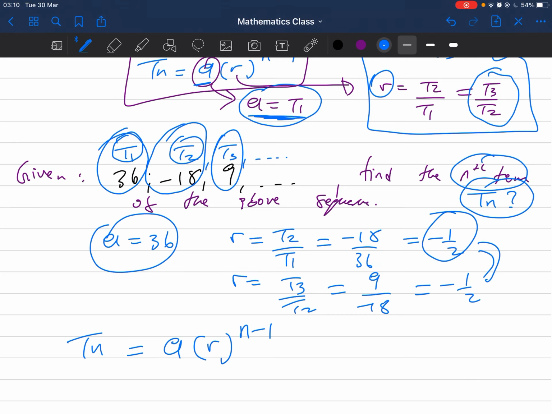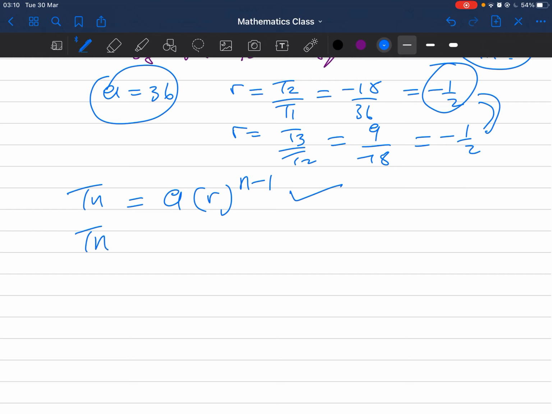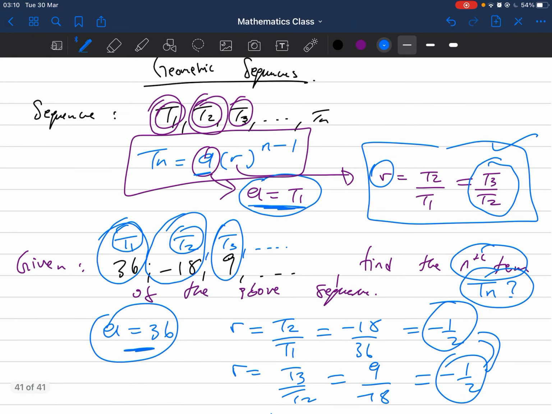So Tn is equal to A, which is 36, and R is negative half, to the power n minus 1. And this is your nth term of the sequence. This is awesome, right?